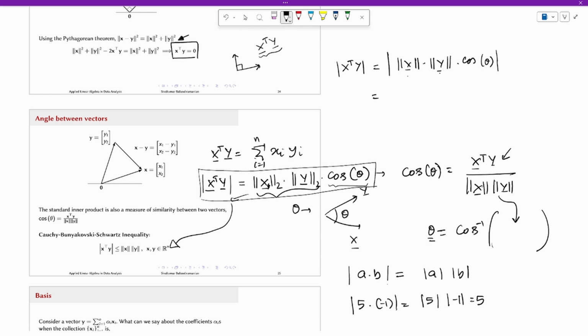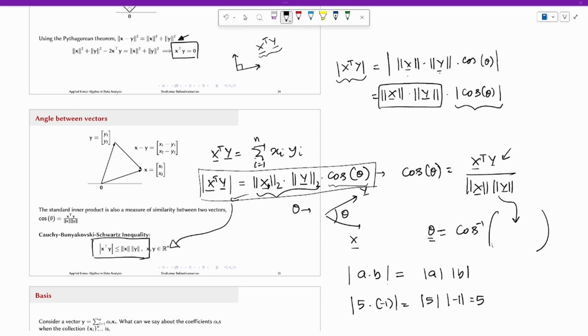These two are positive numbers, so they can come out and won't affect anything. Multiplied by the modulus of cos theta. And this value is always between 0 and 1. That means this thing here has to be less than or equal to this.